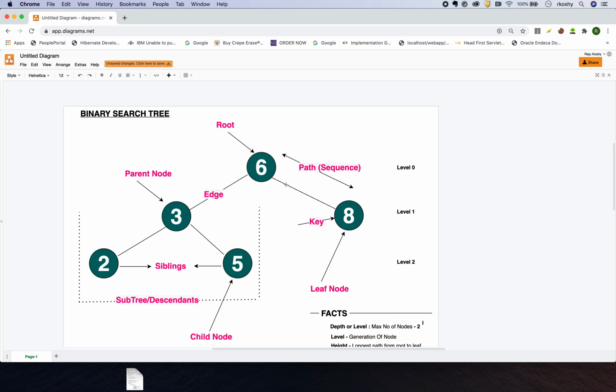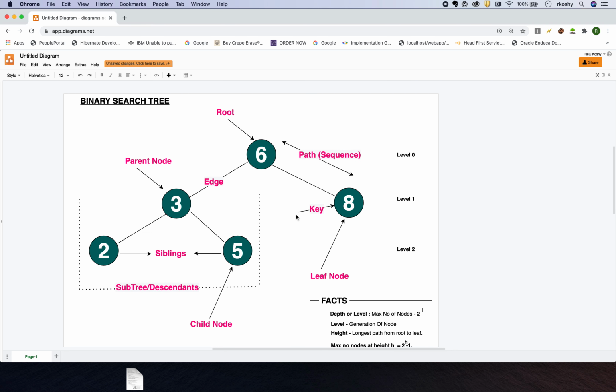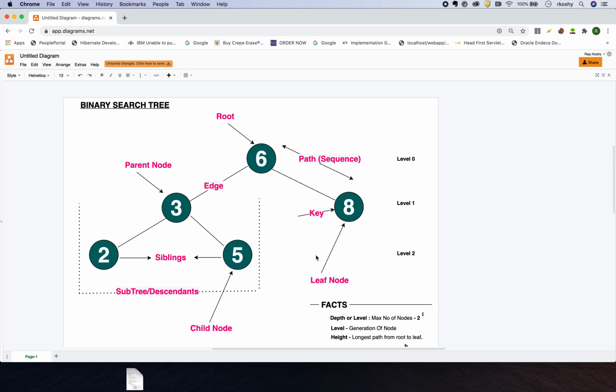Okay, that is pre-order. Now in-order. In-order means left, root, and then right. So the traversal will go like that: left, root, and right. Now post-order means the root will be last in the traversal.